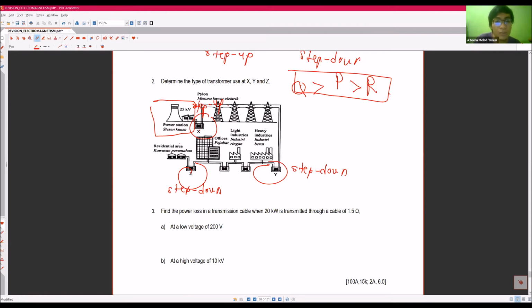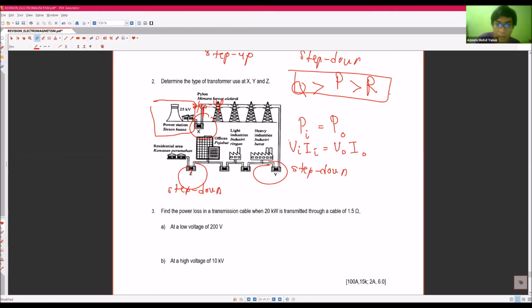So why do we need to step up? Because we want to reduce power loss by reducing current. So again, power input equals power output. If we assume the case is ideal, then VI equals VO IO.